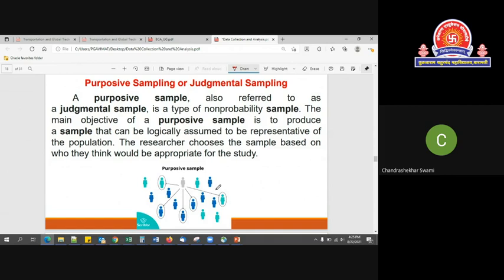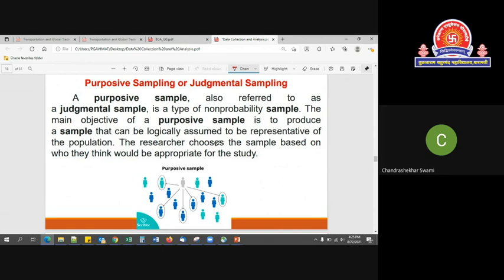So to prepare a good team, you have to select a sample of 11 players who are good in cricket. That's why you are selecting the sample purposively, or by your judgment you are assuming that the player is a good representative of the population for cricket.